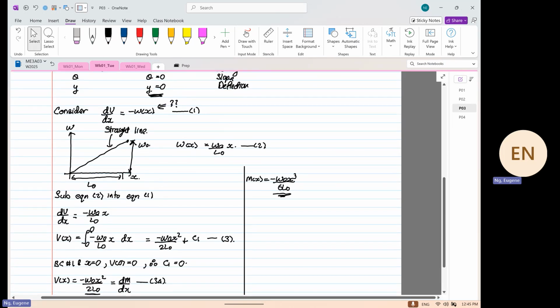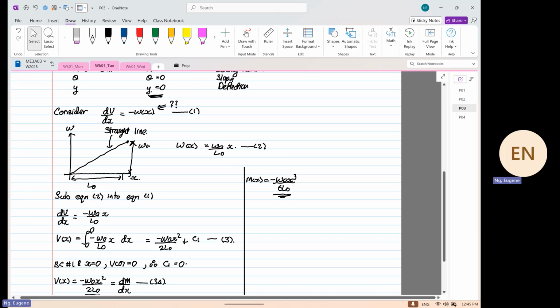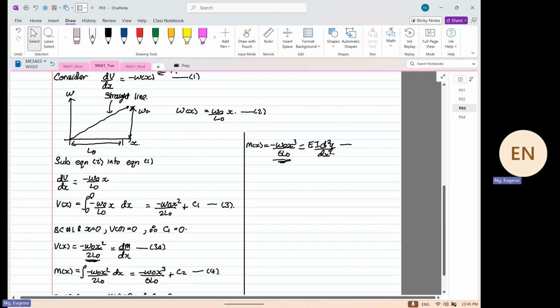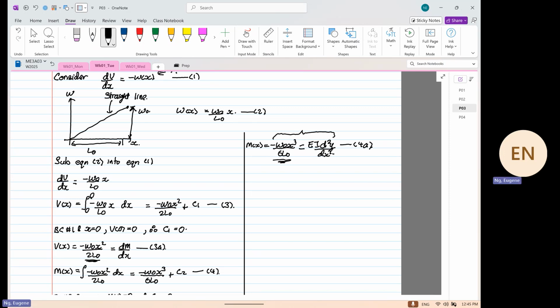Okay, right. So after writing the moment equation, then we are going to let this be equal to what? This is our equation number 4a. At this stage, this is where we apply the what?